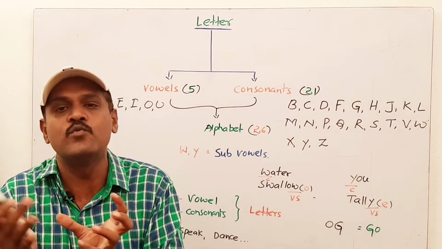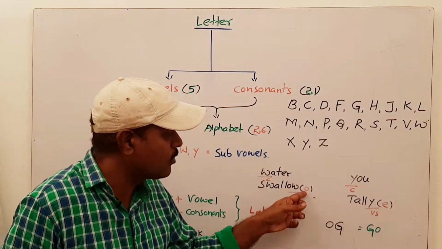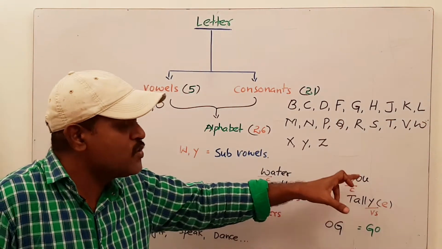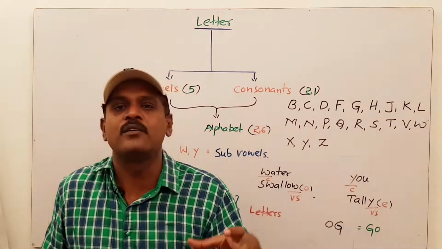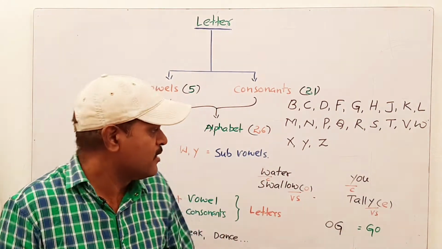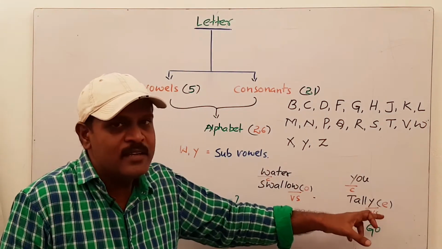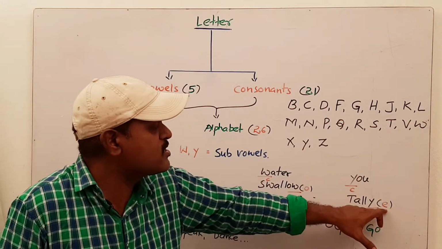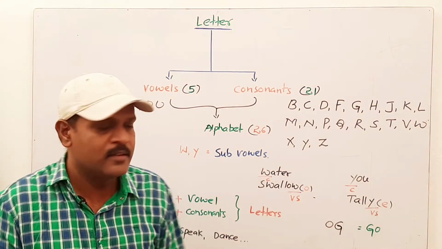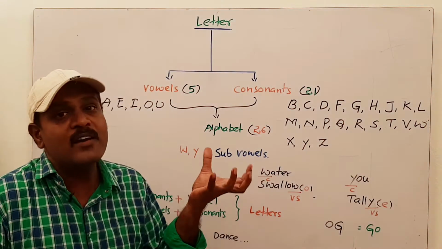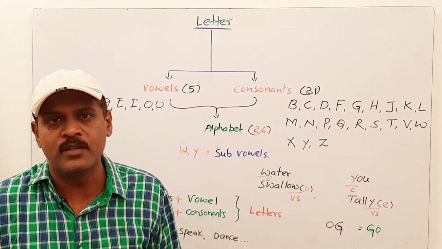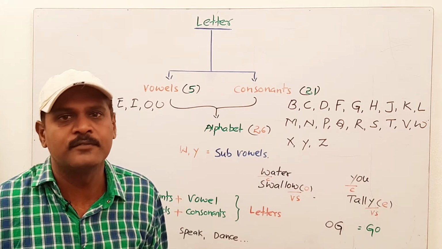O sound means vowel sound. The next one is Y. In the word you, the Y gives a consonant sound, ya. In the same way, in the word tally, Y gives a vowel sound, E. That's why Y and W are called semivowels, not pure vowels, not complete vowels.